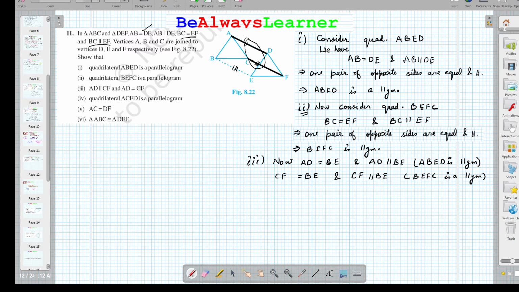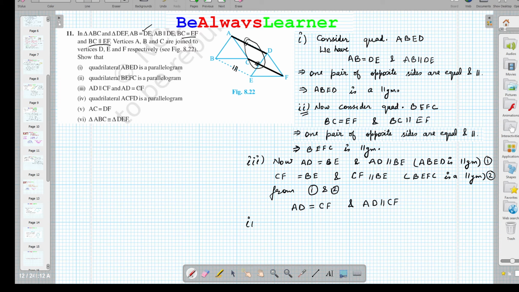Now we can write these as the first equation and the second. From 1 and 2, we can write that AD is equal to CF and they are parallel also. AD is parallel with CF.